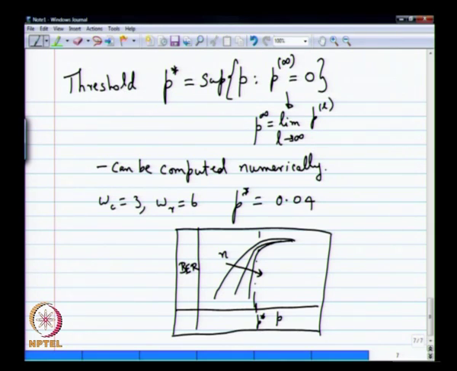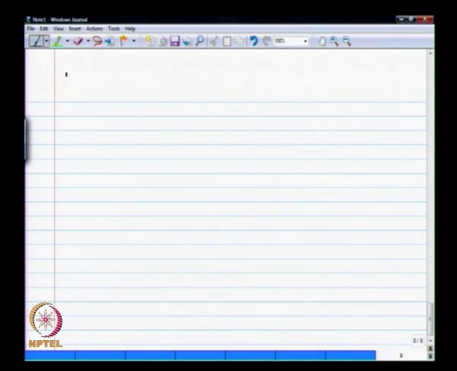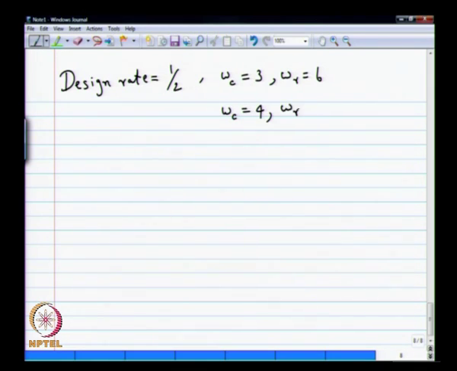One nice thing that happens because of this is you do not have to do all these simulations to answer some design questions. For instance, one design question you might ask is, if I want my design rate to be half, I will show you the utility of the threshold. It is very nice to have it around. If I want my design rate to be half, I can pick WC equals 3 and WR equals 6, or I could pick WC equal to 4 and WR equals 8, and so on. You can keep doing that.